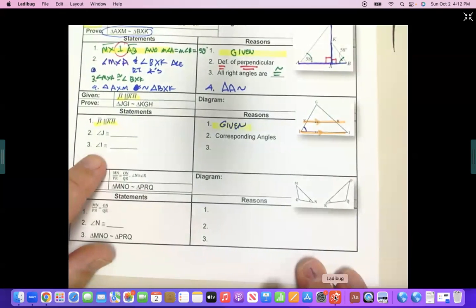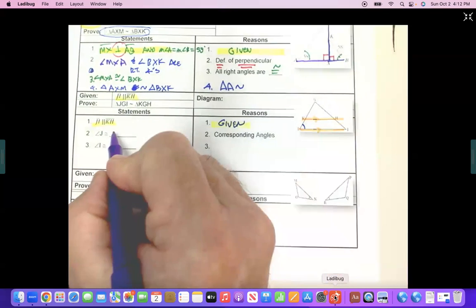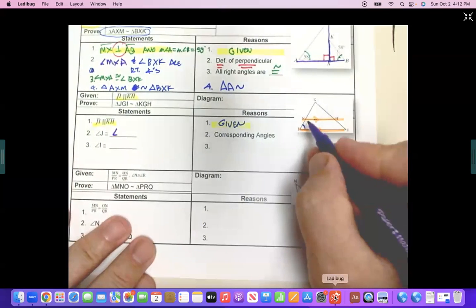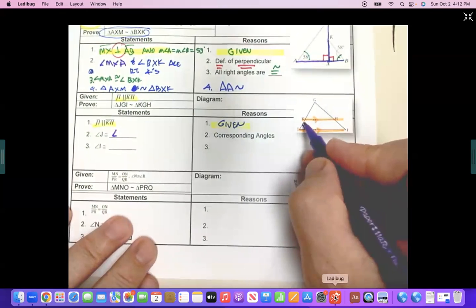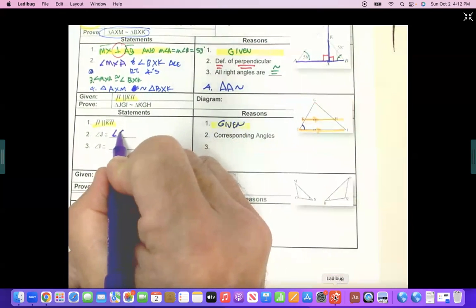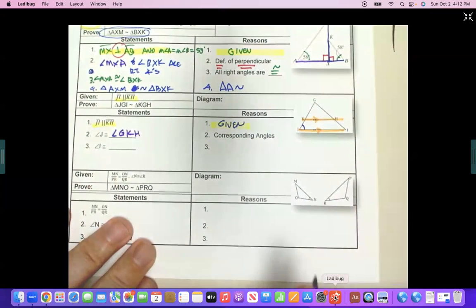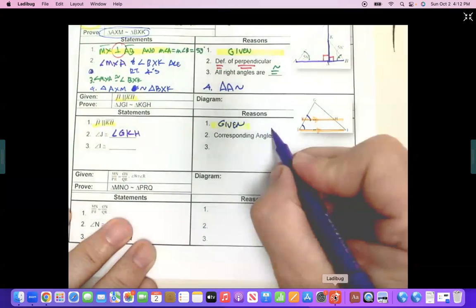And it says it must be similar to, and I think you can easily see that this is going to be angle, and we're going to need to use 3 letters on this, not just say K, because we want to make sure we're using the correct angle here, and that is GKH. We know that because these two angles are corresponding angles.